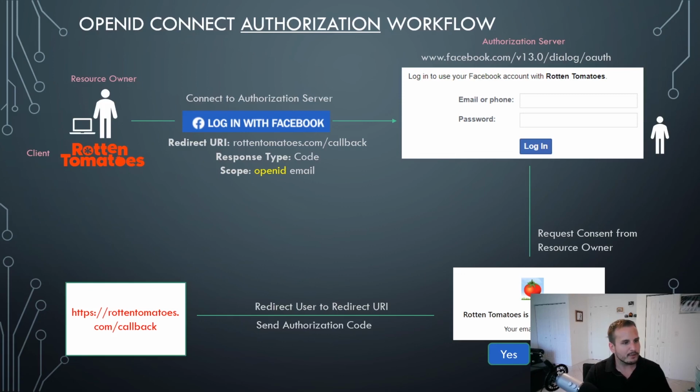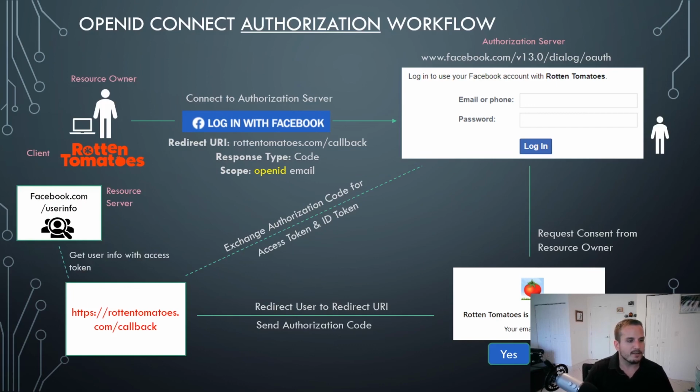However, because we leveraged that OpenID scope that OpenID Connect made available to us, when we exchange that authorization code for an access token, we're also able to request an ID token as well. And once we have that ID token, we have access to that new endpoint I mentioned earlier, in which we can get the user information, things like their profile picture, their name, and so on and so forth, leveraging that ID token, right?